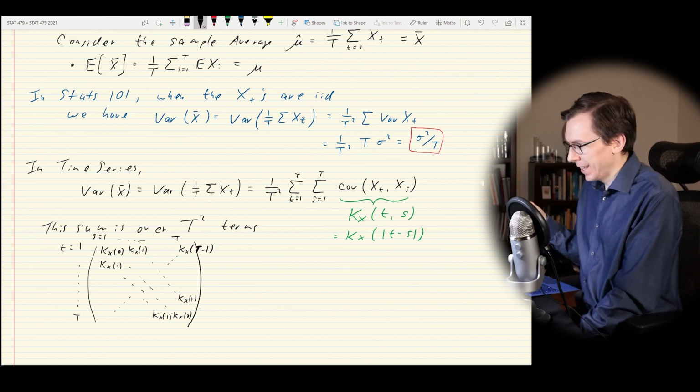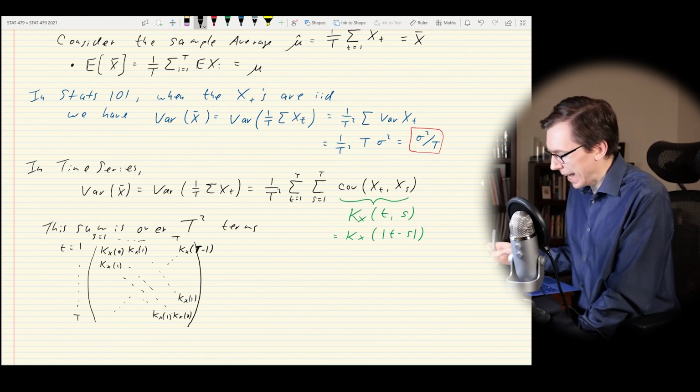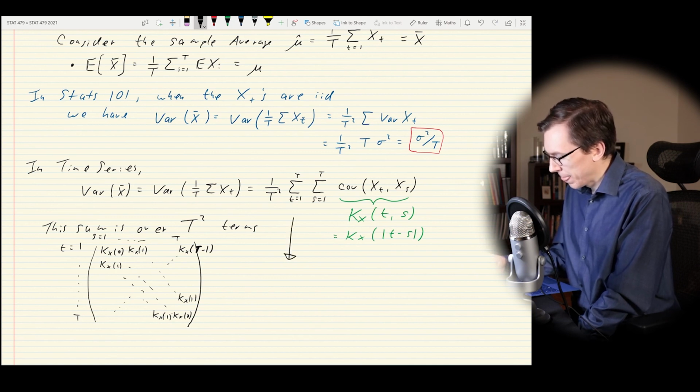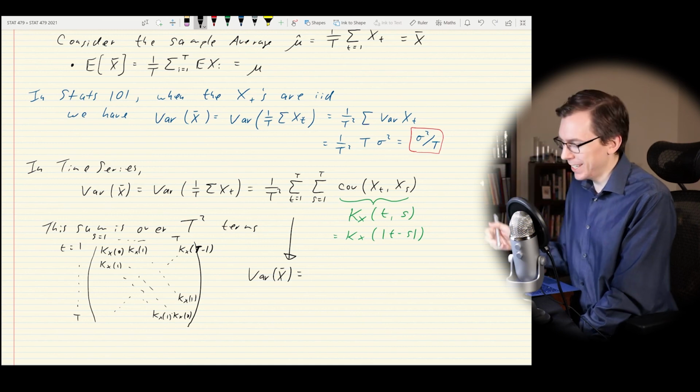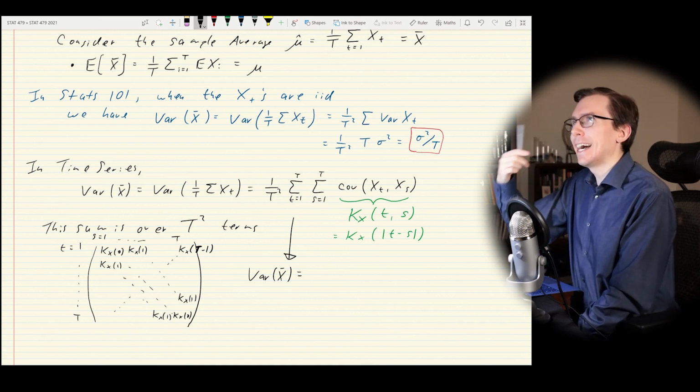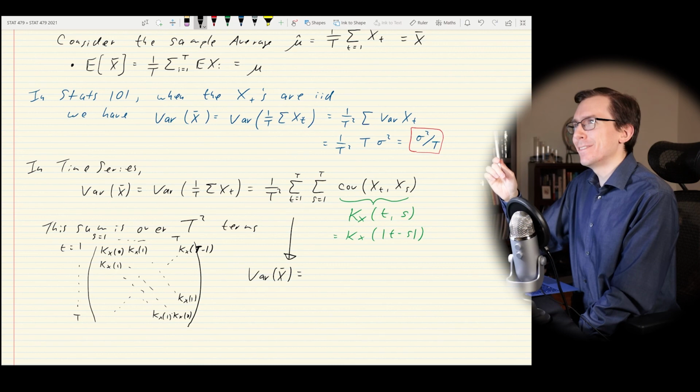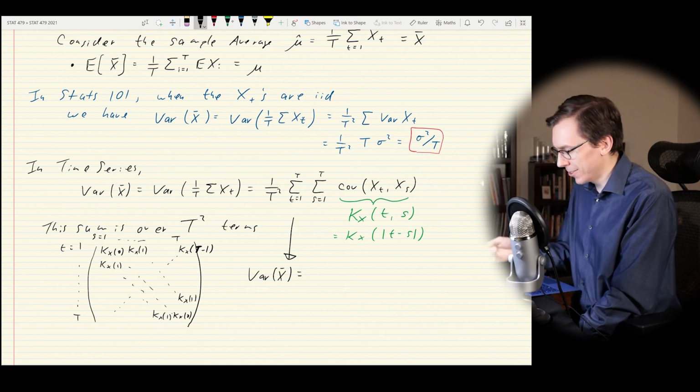And if we squint at this and try to figure out how to solve it, what we get is that the variance of our sample mean is in fact going to be, well, if we take the main diagonal here, we get T copies of Kx at 0.